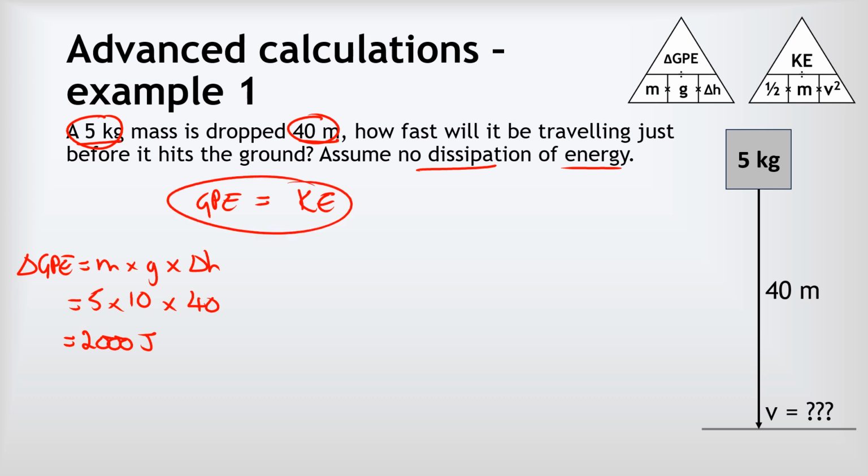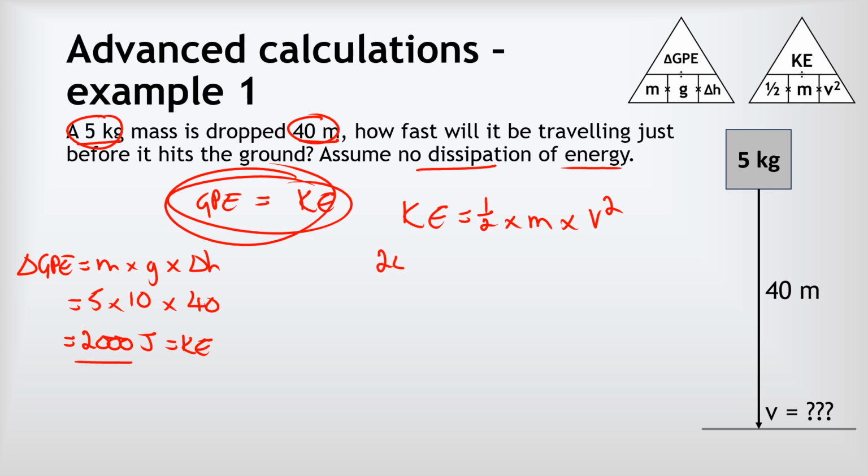Because of this equivalence up here, that 2000 joules, as well as being the delta GPE, is also our KE. So now we can find the velocity. If we write out our kinetic energy equation, we can say KE equals half multiplied by m multiplied by v squared. Now, because of this equivalence, that 2000 we just found is our KE as well.